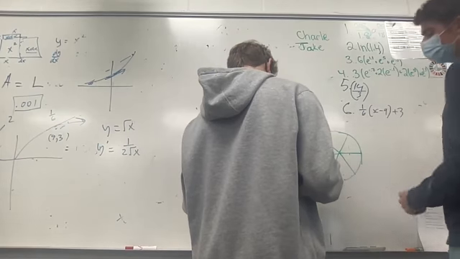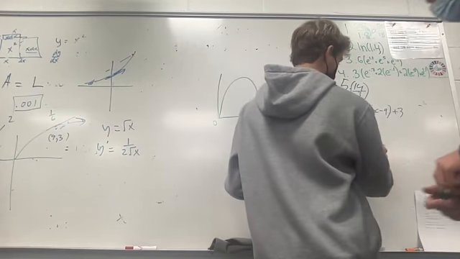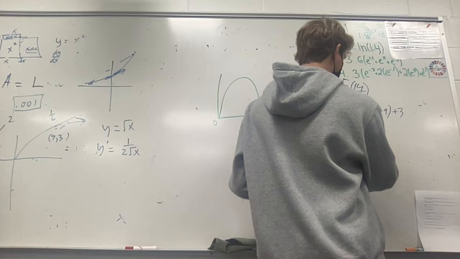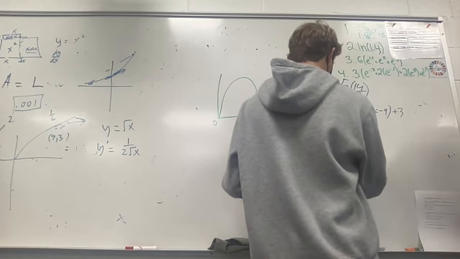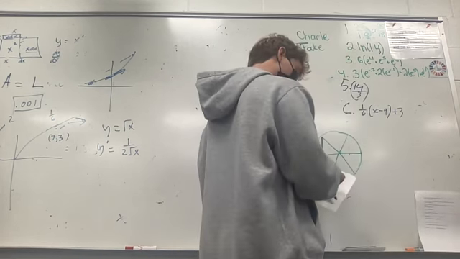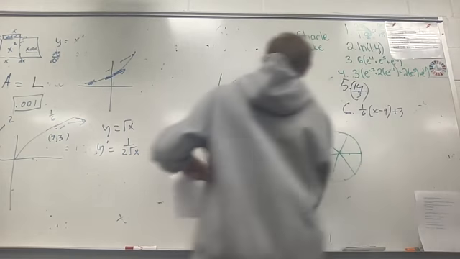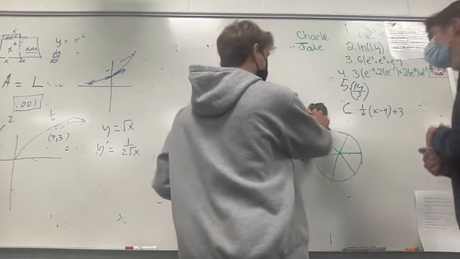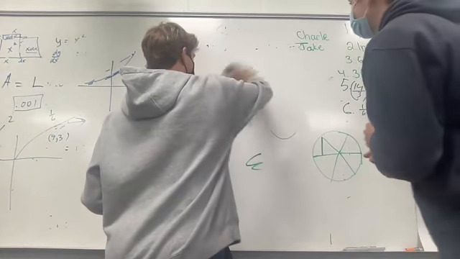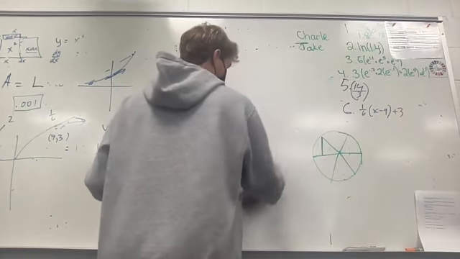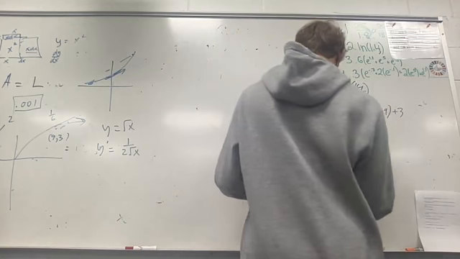You can plug in x for them. Right, so 2x. The slope is 6? Well, it's not 6. This is the defined slope, number nine. So it's 2 times 3.